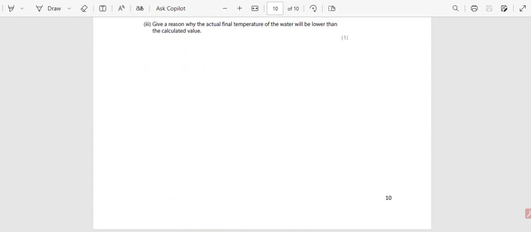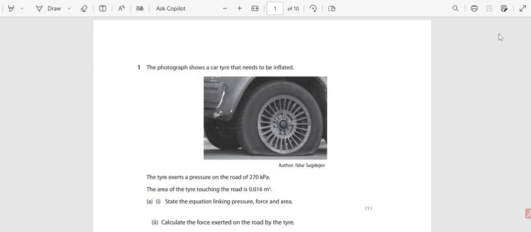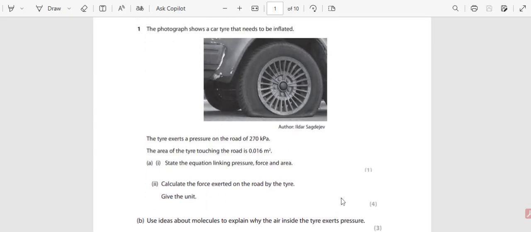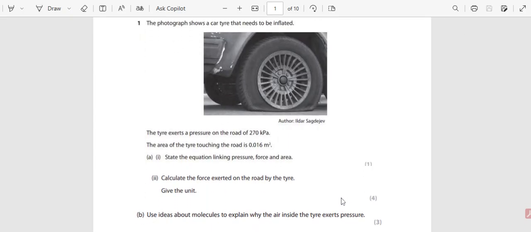Right, so no question from this section, but try this first question though. This is related to the Boyle's law and everything. Take a few minutes and go through this first one.